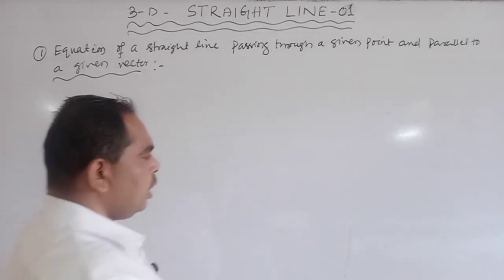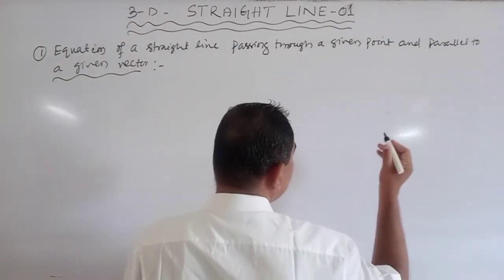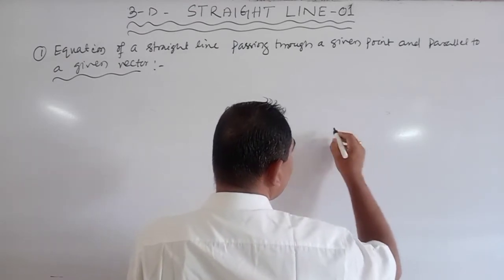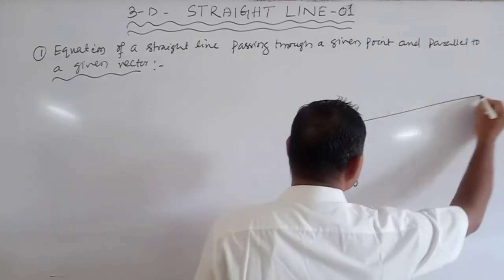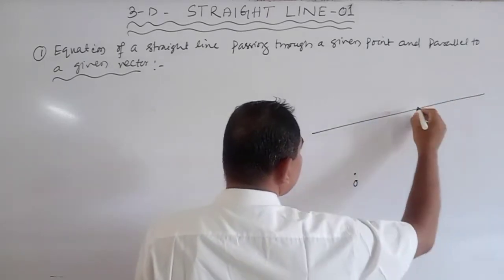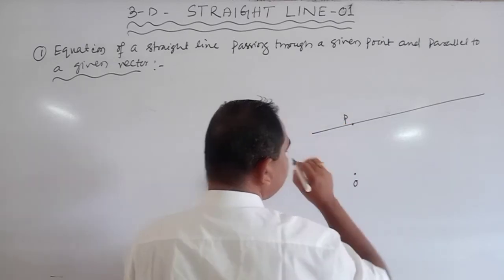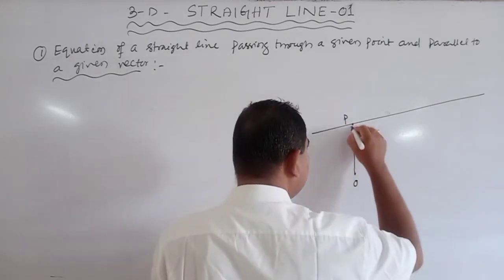This is a fixed point, origin O. This is a straight line. This is a variable point P. So this is OP.